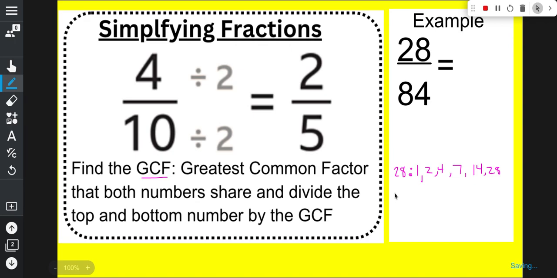So now I'm going to want to find them of 84. My first one is 1 and 84. Well, 84 is out of the picture because I don't have that high for the 28. The next one is 2 and 42.